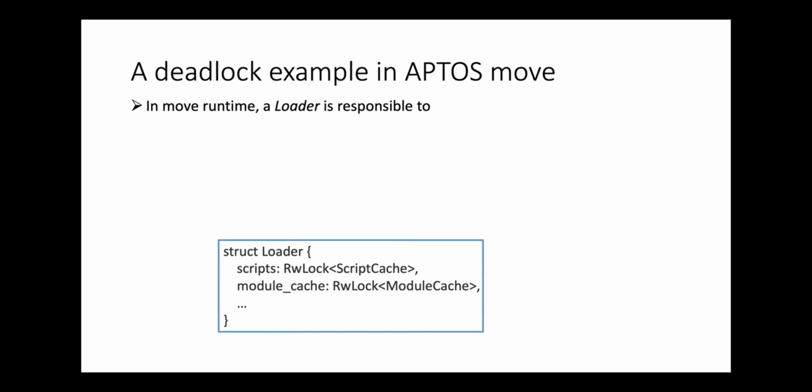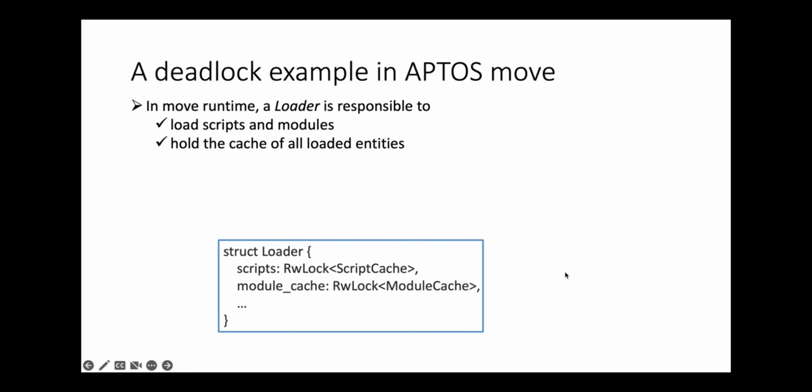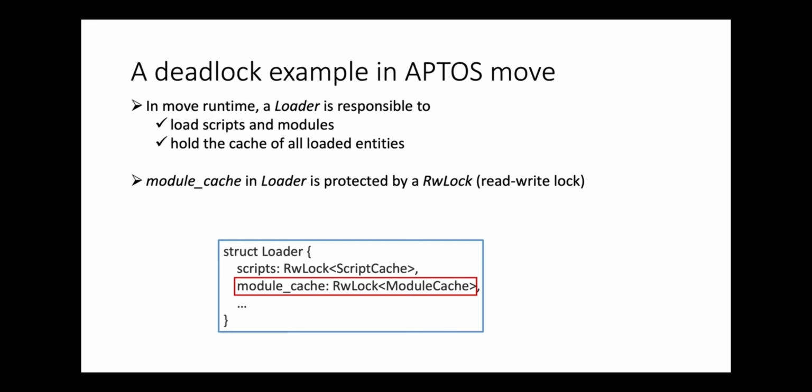The bug comes from the Move runtime. Let me explain a bit about the loader, which is responsible for loading the scripts and relevant modules. It holds the cache of all the loaded entities. The module cache in this loader is protected by a read-write lock.